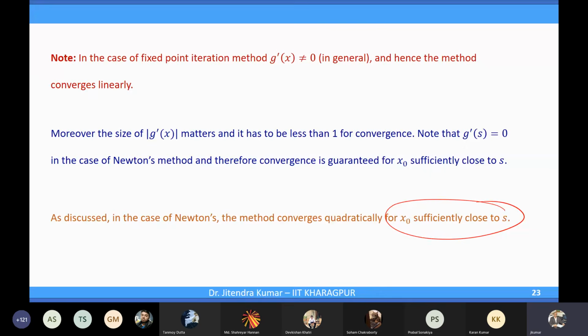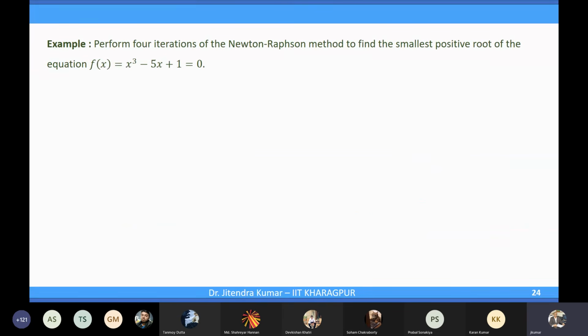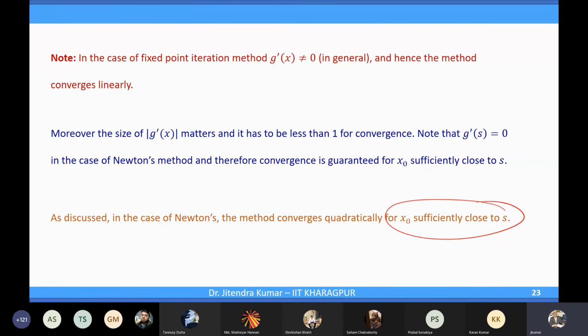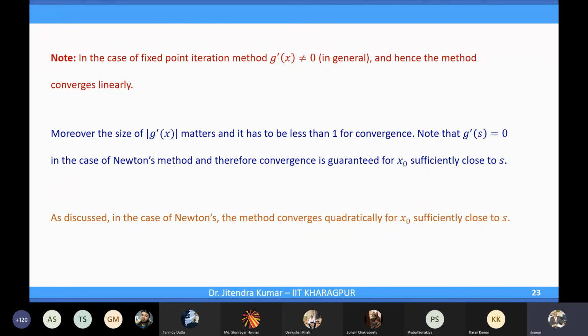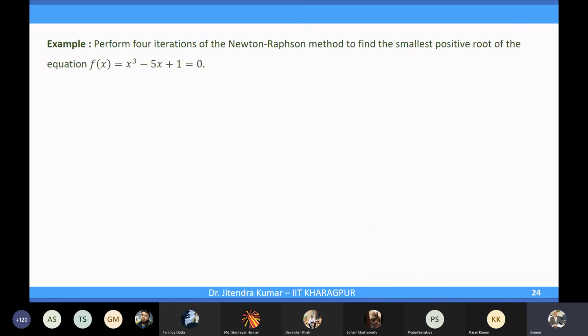Again, regarding the point some of you mentioned, it may happen that the error is greater than 1, and naturally then we cannot say anything. But the theoretical result about convergence always rests on the concept that you will not consider those cases where you are far away from the initial guess. So here the convergence is quadratic when x0 is sufficiently close to s.